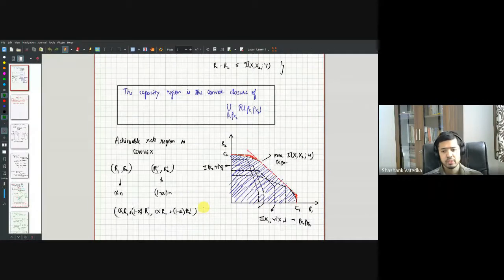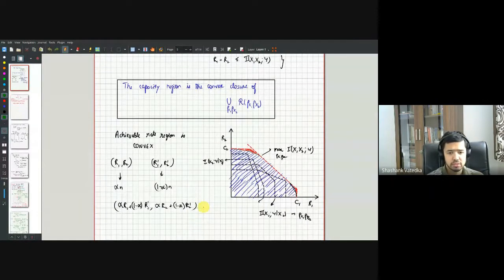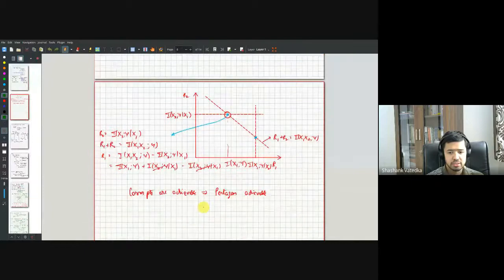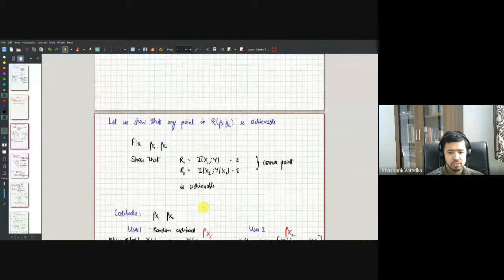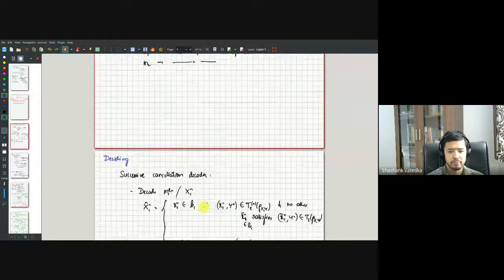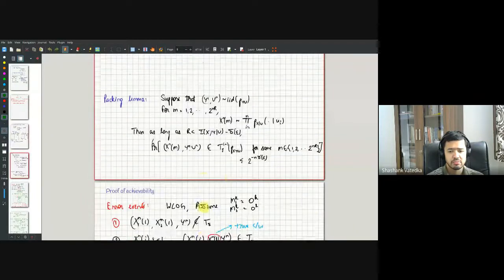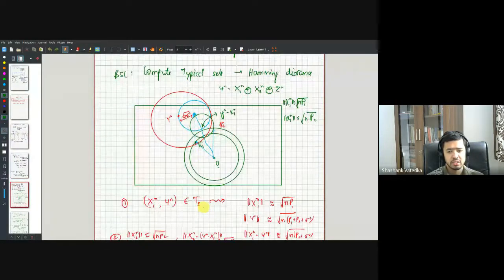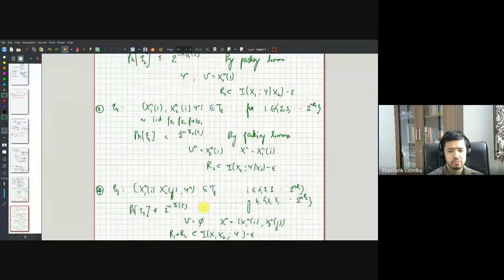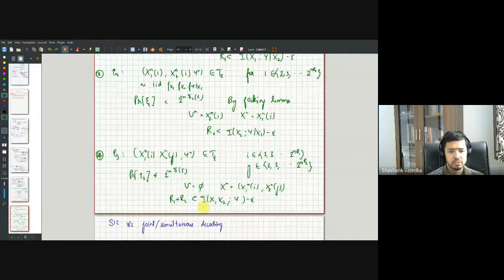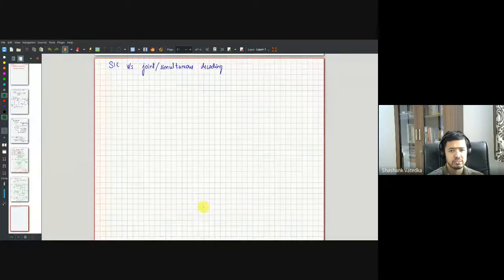Right? So in this class, we'll see the converse proof and some discussion regarding the achievability proof. In the achievability proof, we used what I called successive interference cancellation, or another way to put it, sequential decoding of the code words.